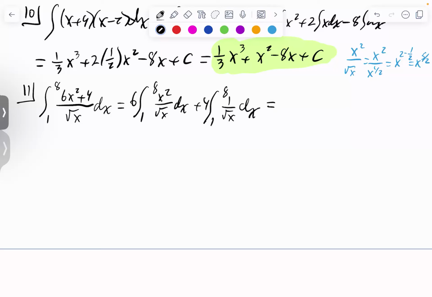And I'm going to clean that up a little first. X squared over root x, I just did in the blue to the side there. And I'm going to really break this down using the power rule for each of these.